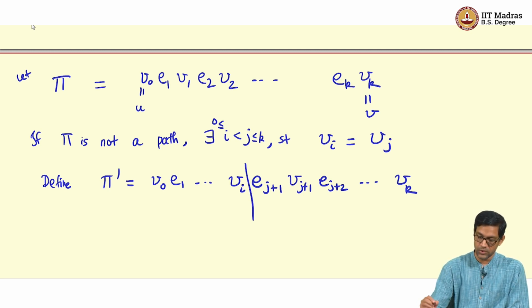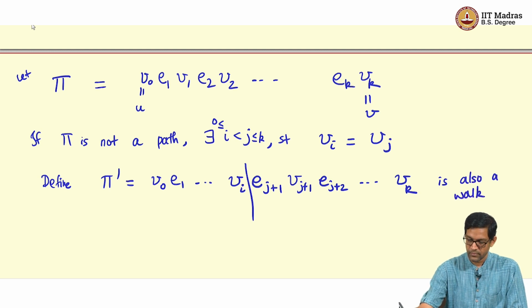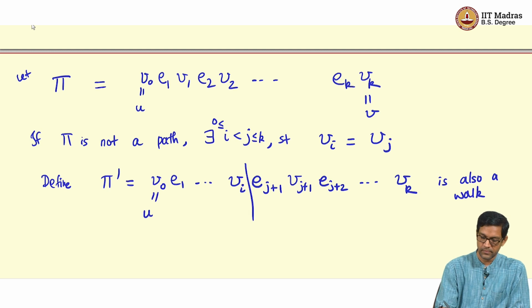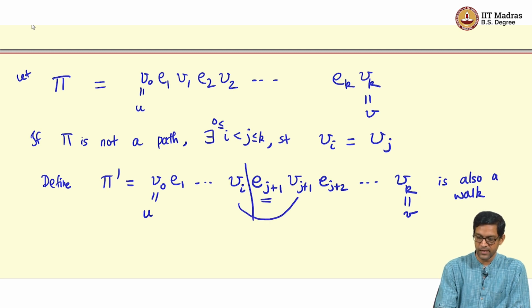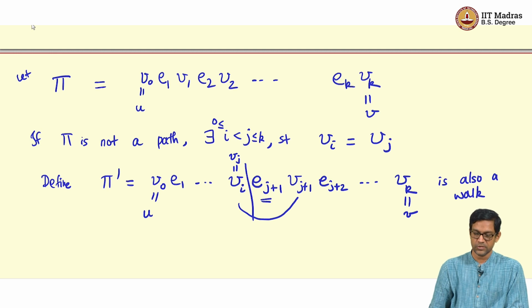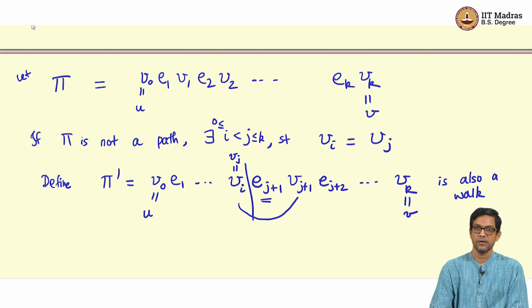Now, observe this is also a walk joining U and V, and why is it a walk? Because Ej plus 1 should be an edge joining Vi and Vj plus 1, but it is that because Vi coincides with Vj, right. So, to start with, Ej plus 1 was connecting Vj with Vj plus 1, but Vi and Vj are the same. So, this still connects Vi with Vj plus 1. After cutting, it still satisfies my definition of a walk.